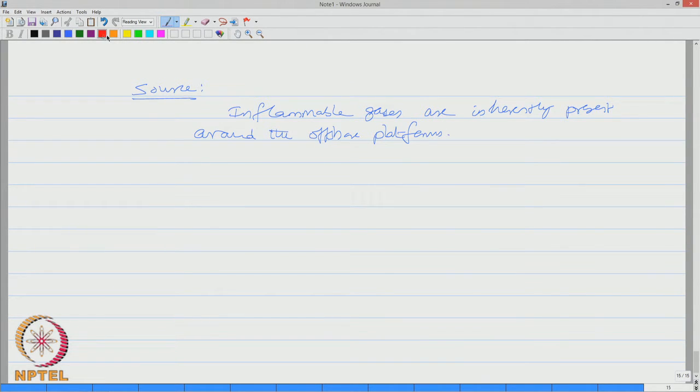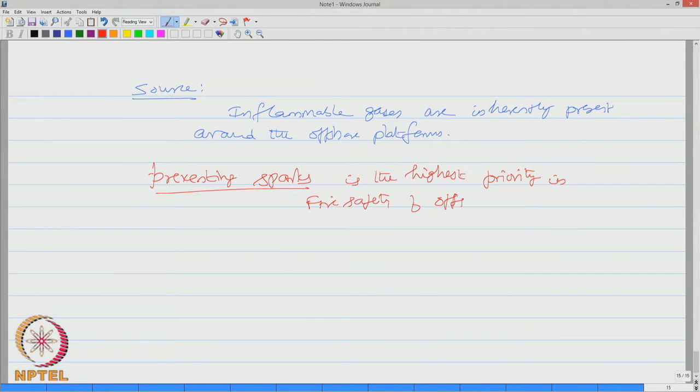Therefore, preventing sparks is the highest priority in fire safety of offshore platforms.